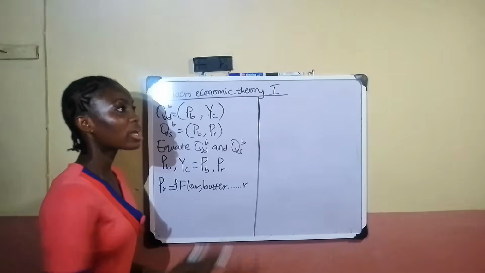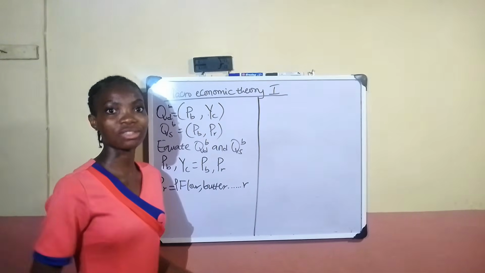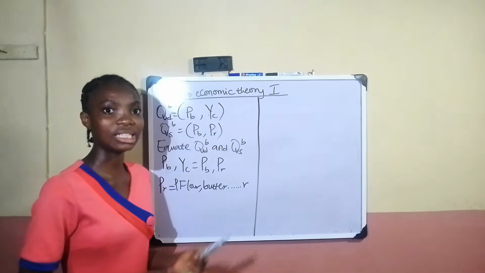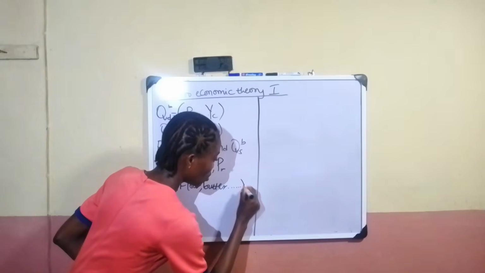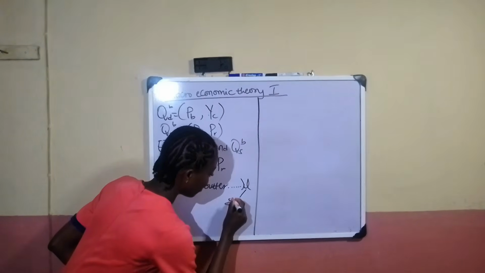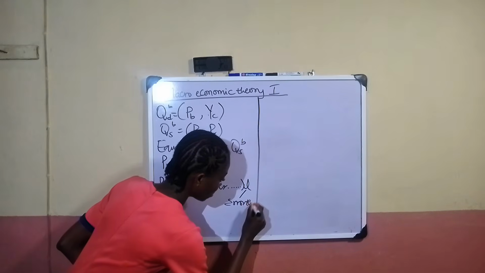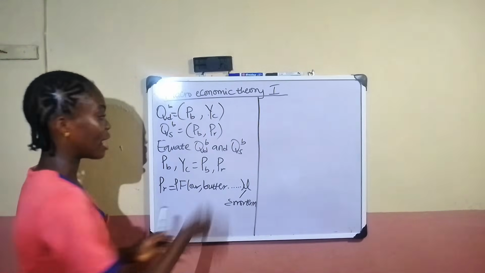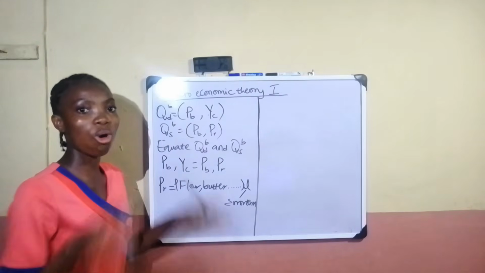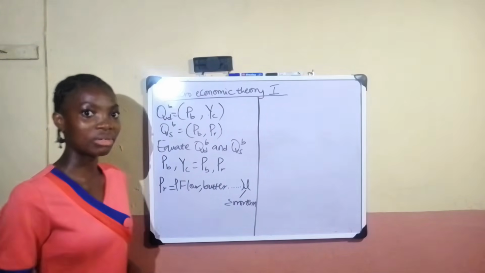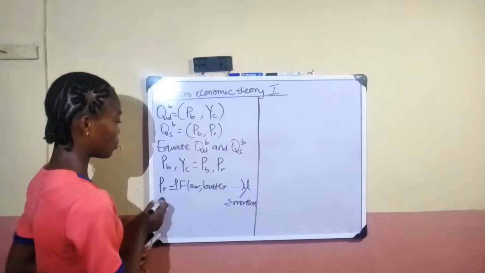So now, instead of listing all the raw materials, which include the baking powder, the yeast, the vanilla flavor, you will present these with an error term. That is why we have this PR as the price of our raw material. So this raw material covers all essential and non-essential ingredients that are required in the production of bread.